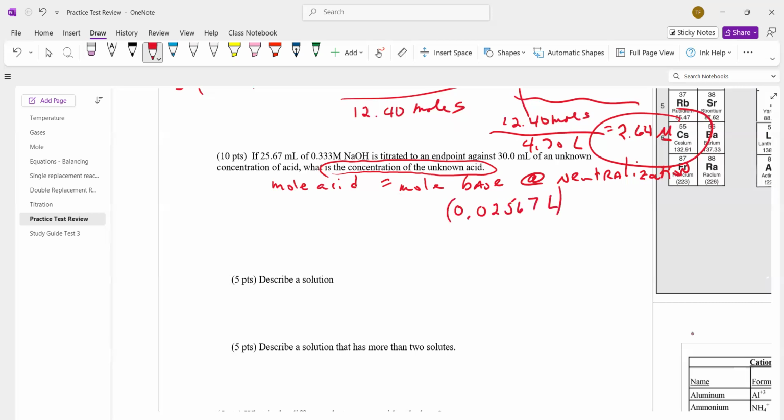And the concentration is, okay. Moles of acid is, okay, we know 30 milliliters converted to liters, that's 3 sig figs, so we need another 0 there.